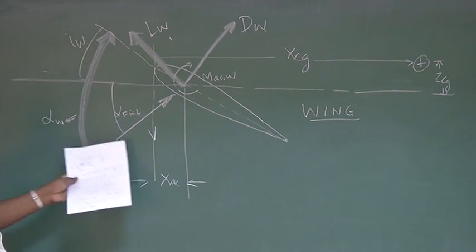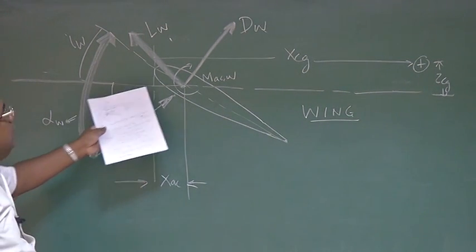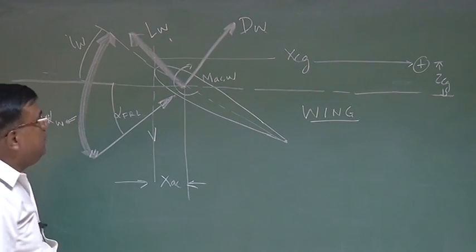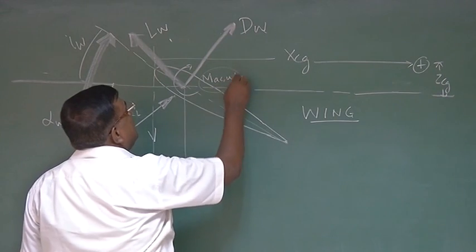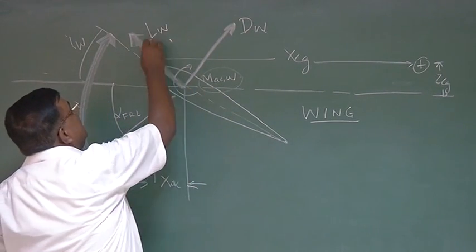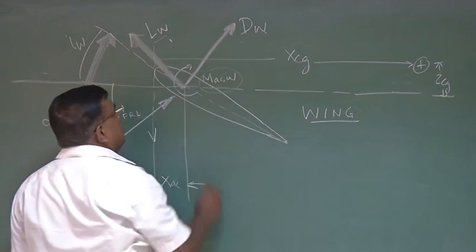Because of velocity, because of angle of attack, the wing is getting aerodynamic forces. Because it is a cambered aerofoil wing, we are adding the MAC of the wing also here. And this is the lift on the wing, and this is the drag on the wing. What is our aim?